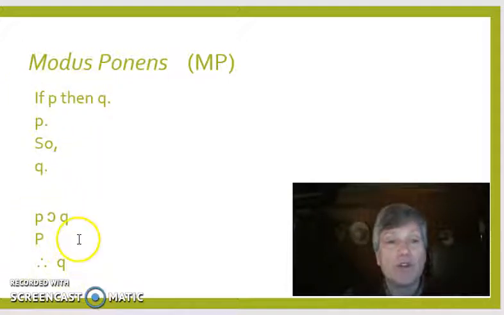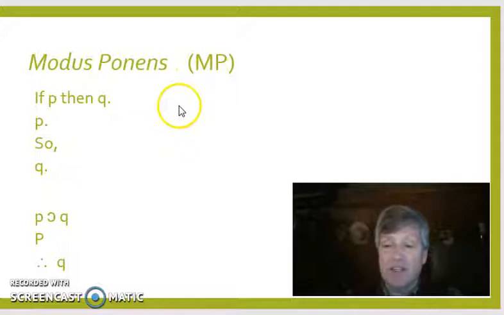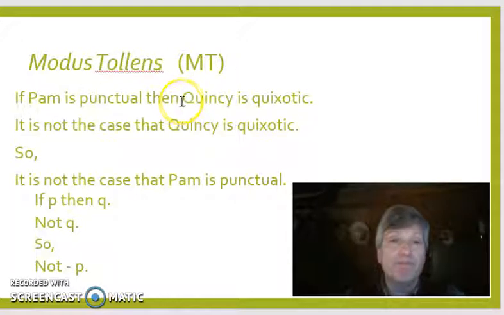The argument structure looks like this: P horseshoe Q, P therefore Q. So again, our formal system is meant to capture the validity of these various argument structures and just display the structure itself. This is an instance of modus ponens, and we'll use the abbreviation MP to stand for that rule of inference, modus ponens.